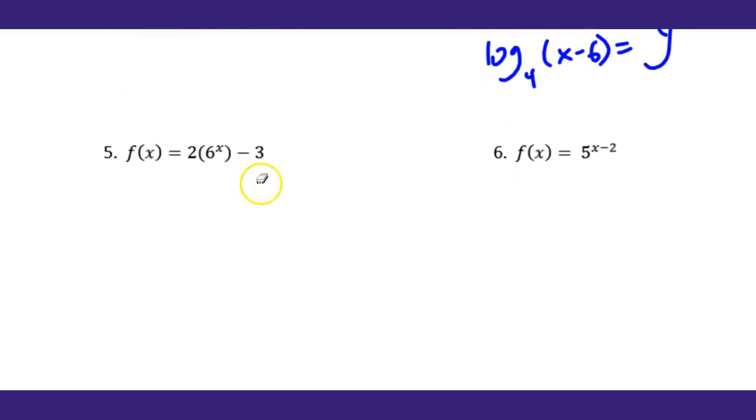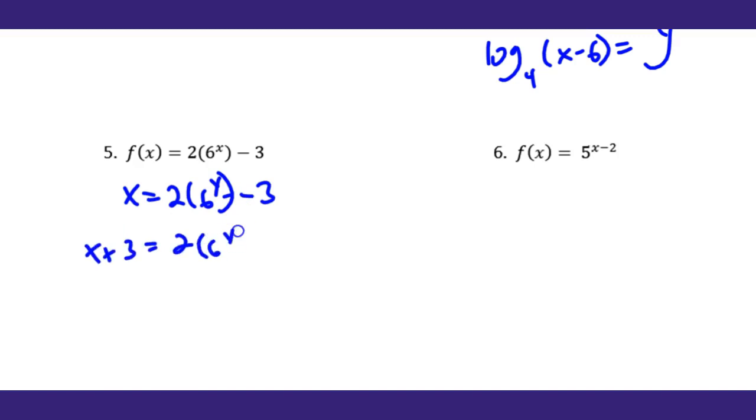All right, for this one, again, swap x and y. So x equals 2 times 6 to the y minus 3. Oops, went to the wrong spot. So right here, I would first swap x and y. So I would add 3. So x plus 3 equals 2 times 6 to the y.